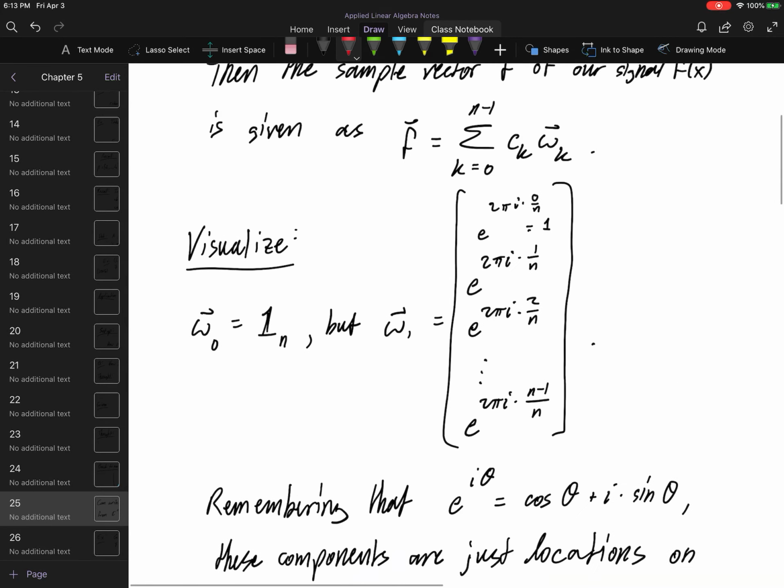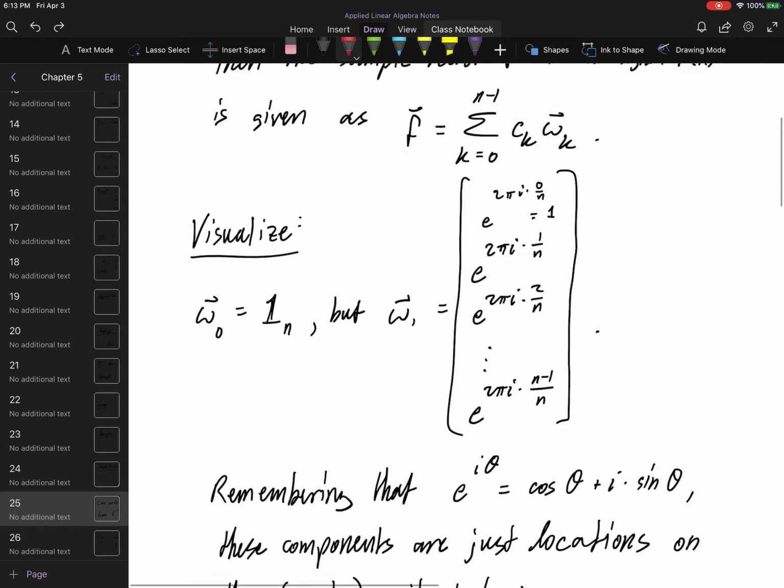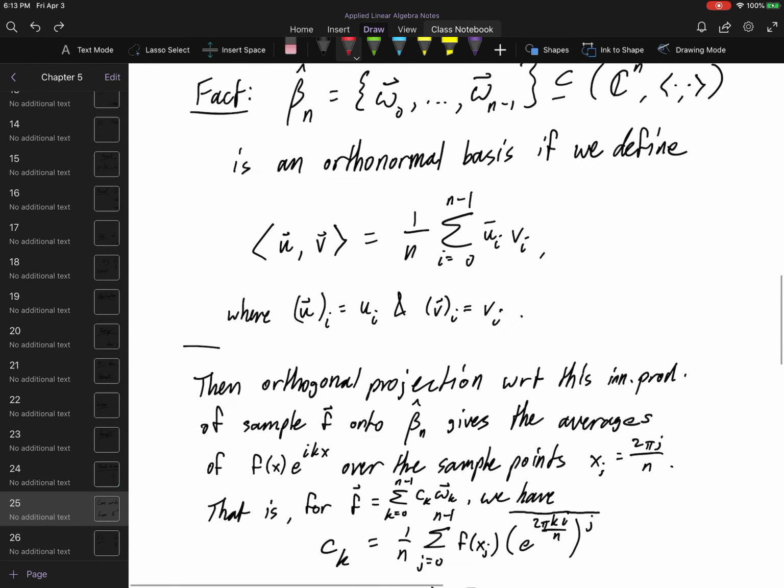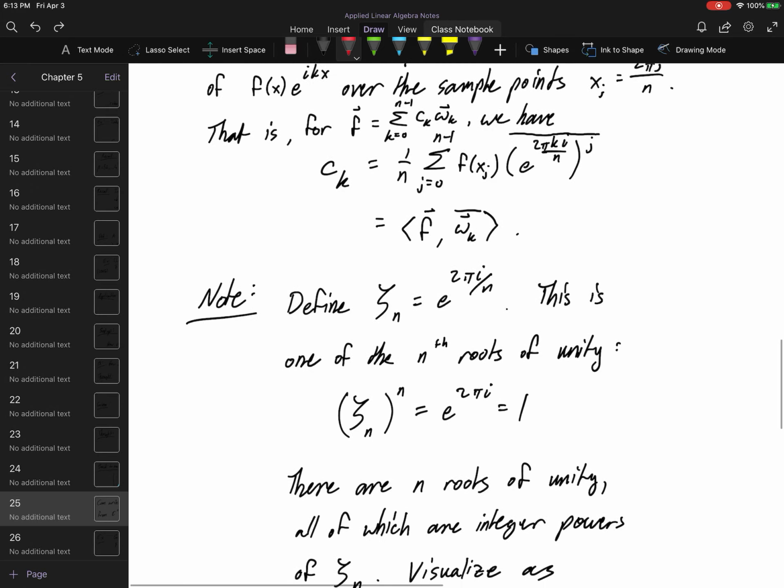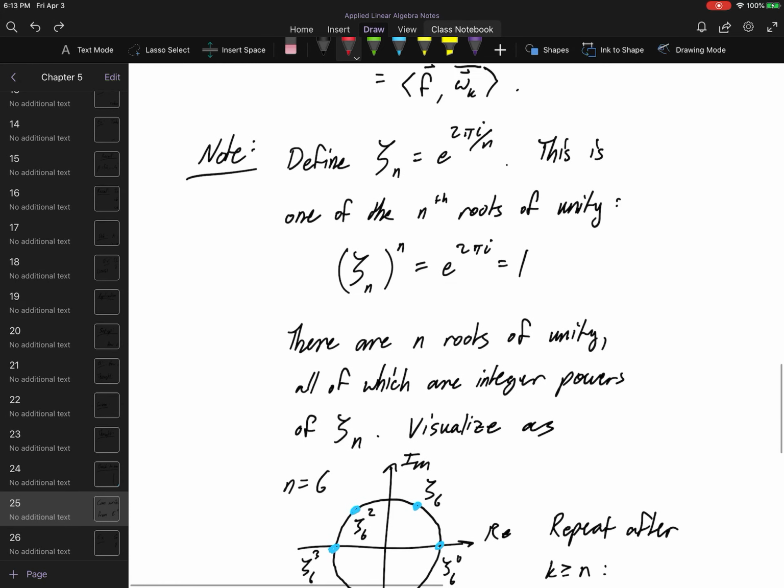This will be the first one of my sample points on the unit circle that I encounter. So this is really just the second entry of omega 1. Sorry about that. That's the second entry of the omega 1 vector.